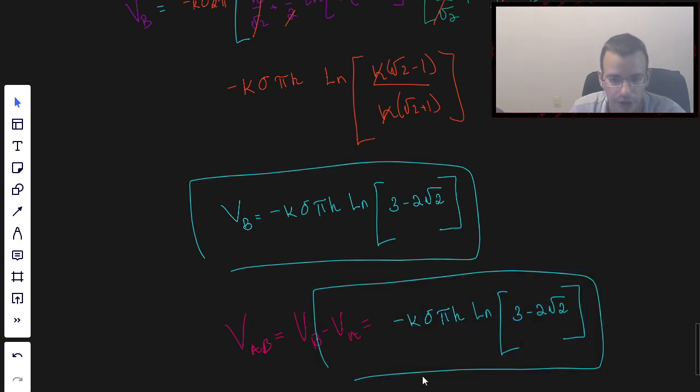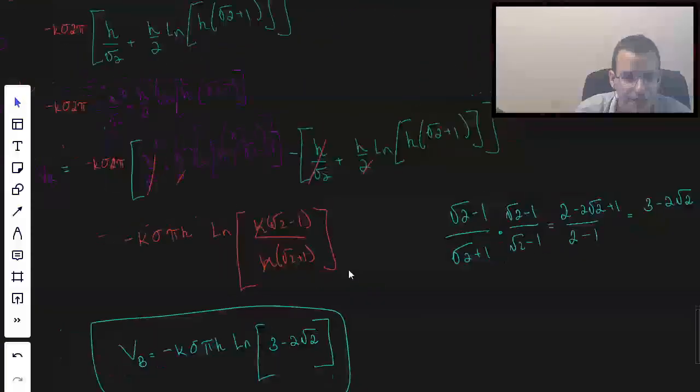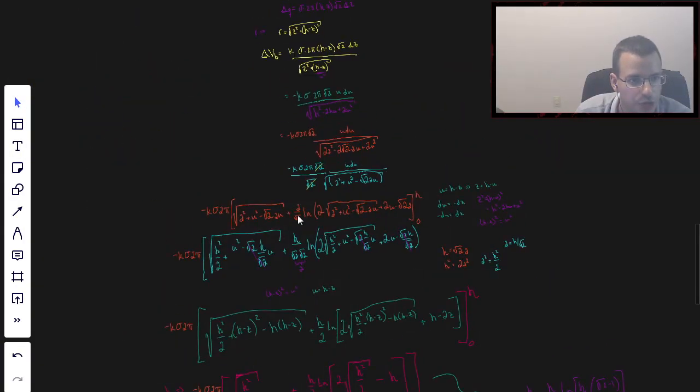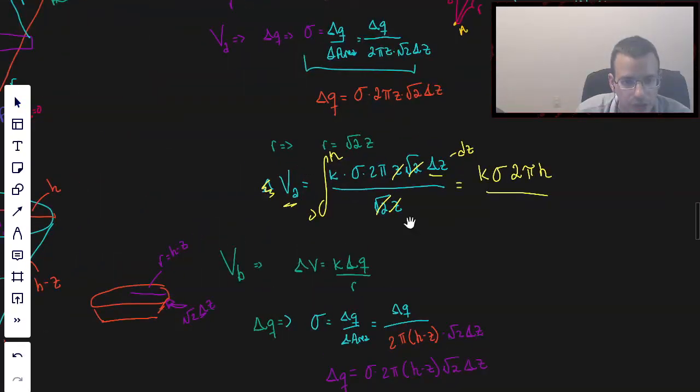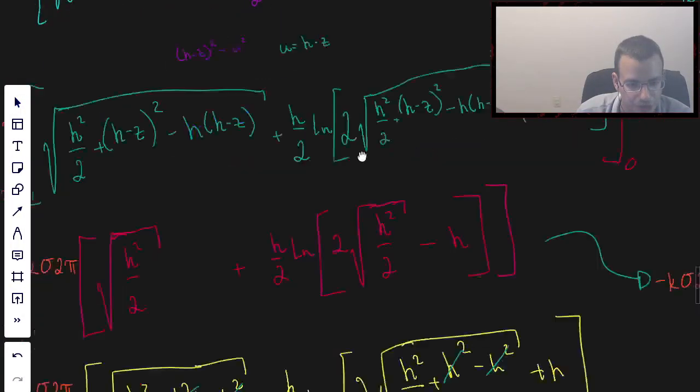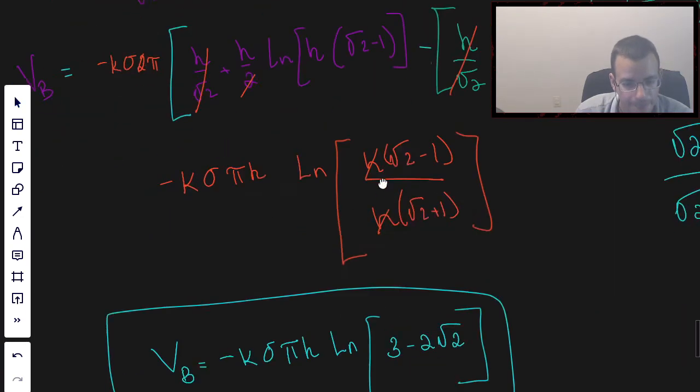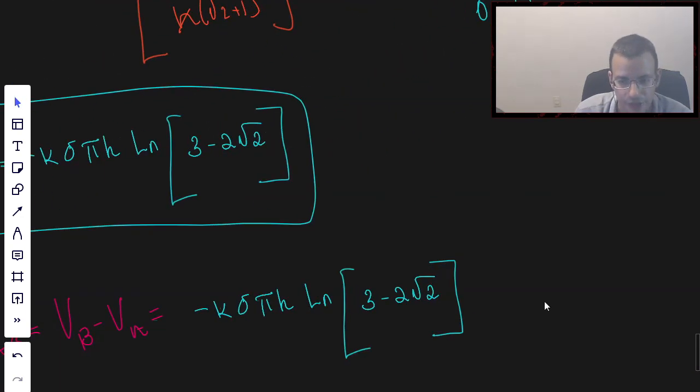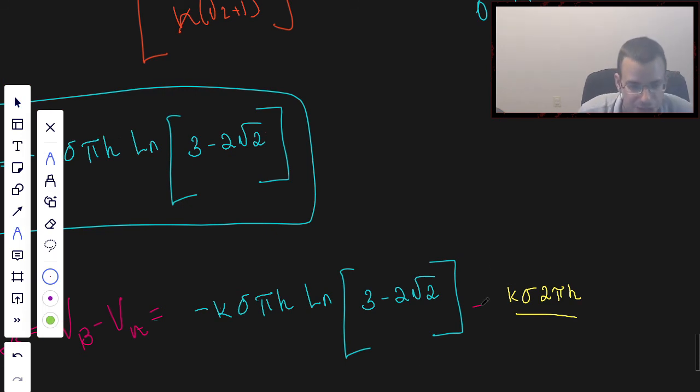Whoops, get rid of the box. Minus the voltage of A, which is way up here, right there. I know, so much smaller and more straightforward than voltage at B. Bring that back down, put it over here, we'll subtract it off, and we'll simplify it slightly.